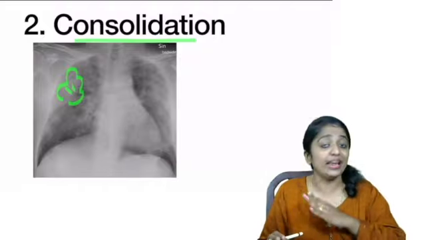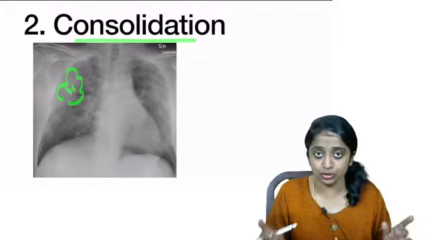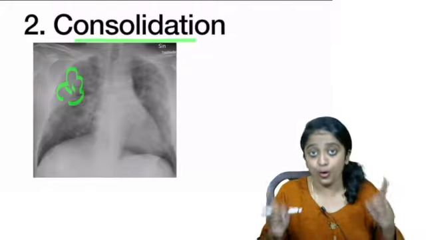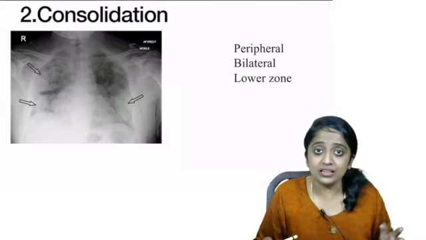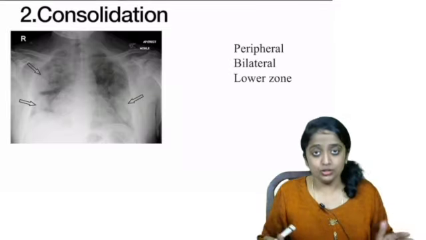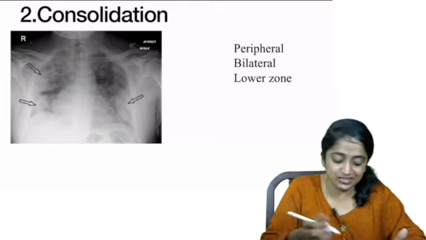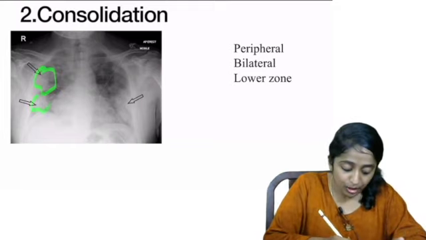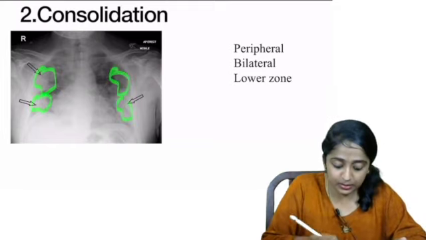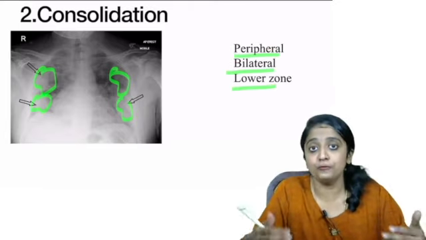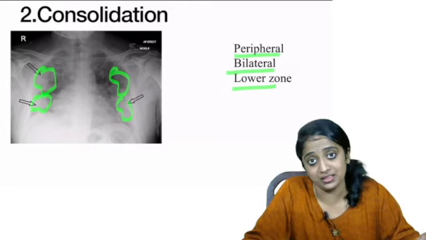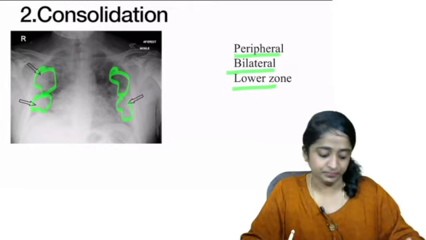That is not going to bring any useful parameter to the patient. So you have to find a clue of what is causing consolidation. For that, we have to look at a pattern. By literature review, we have seen that peripheral, bilateral, lower lung zone predominant consolidation favors one of the imaging aspects in COVID-19.